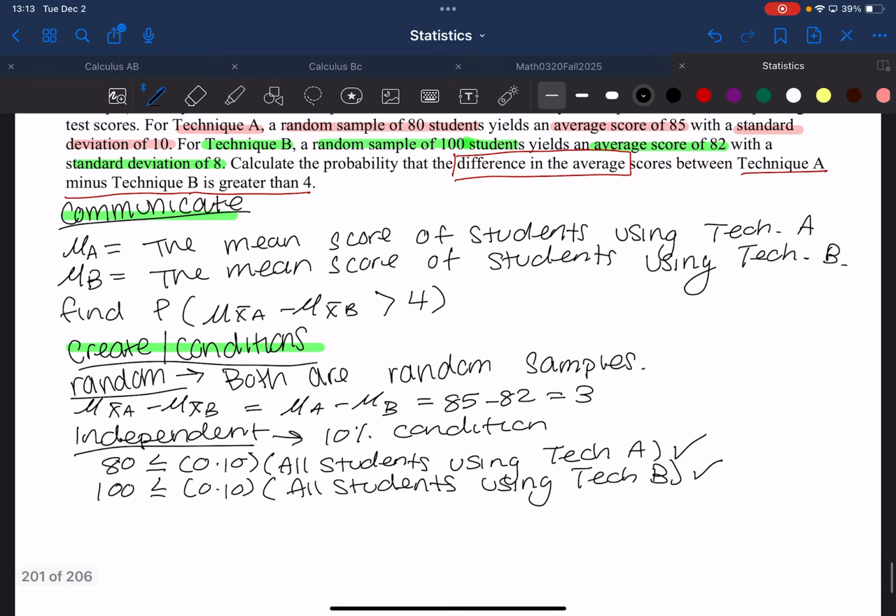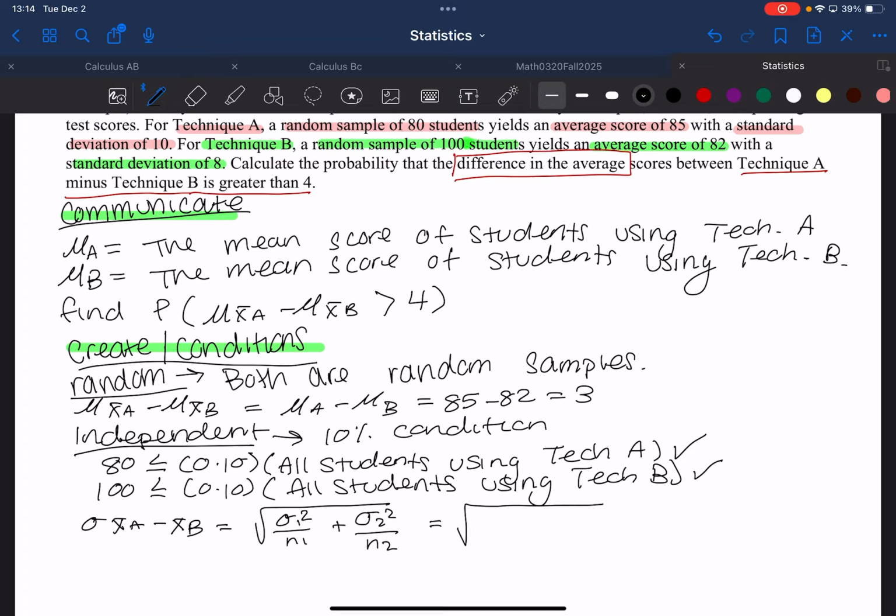So now that we just proved independence by the 10% condition, we can now find what parameter? We already found mu, so we need to find standard deviation. The standard deviation of x bar A minus x bar B is equal to the square root of sigma 1 squared over n1 plus sigma 2 squared over n2.